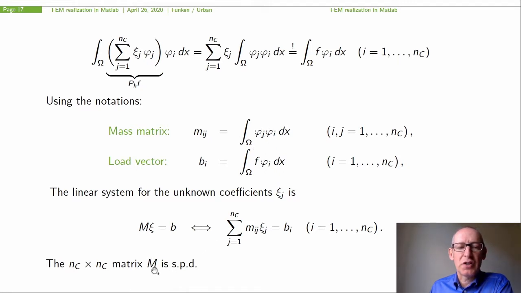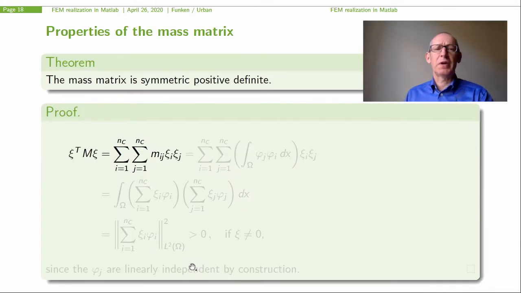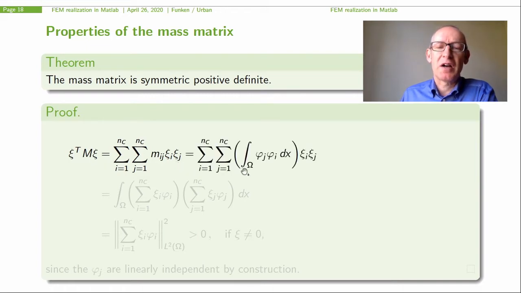And the question is whether the matrix is positive definite. Therefore, we can have a look at the following proof. We choose an arbitrary vector xi, multiply from the left and the right, using the definition of our matrix elements. The matrix elements are just the integral of phi j times phi i.